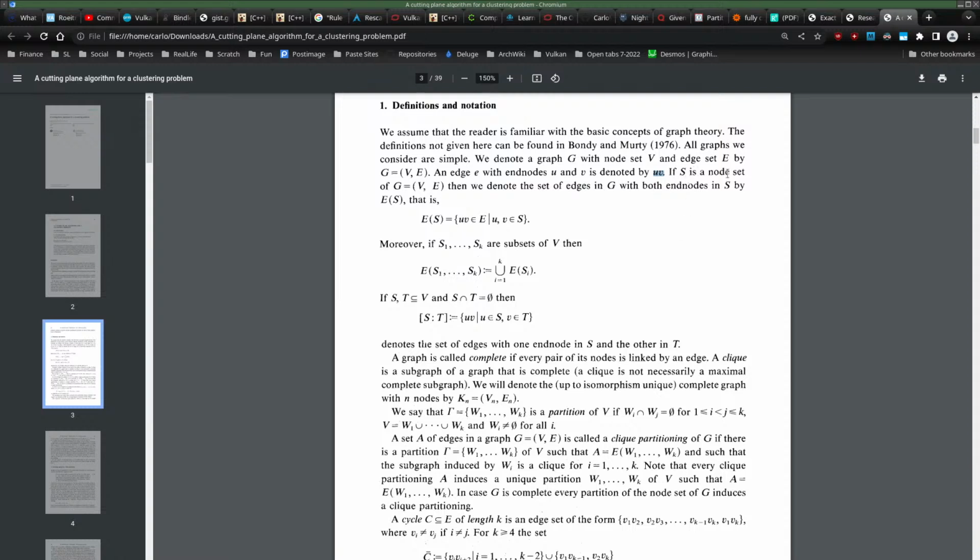If S is a node set, a subset of the nodes of G, then we denote the set of edges in G with both end nodes in S by E(S). That is, E(S) is defined as all the edges, element of all possible edges, with both the begin point and the end point in S.